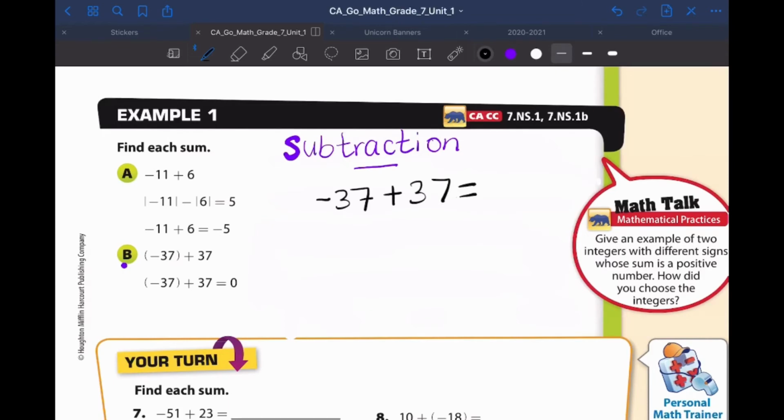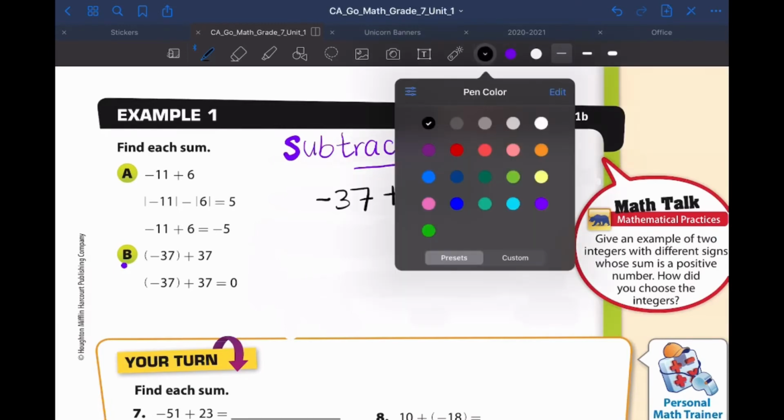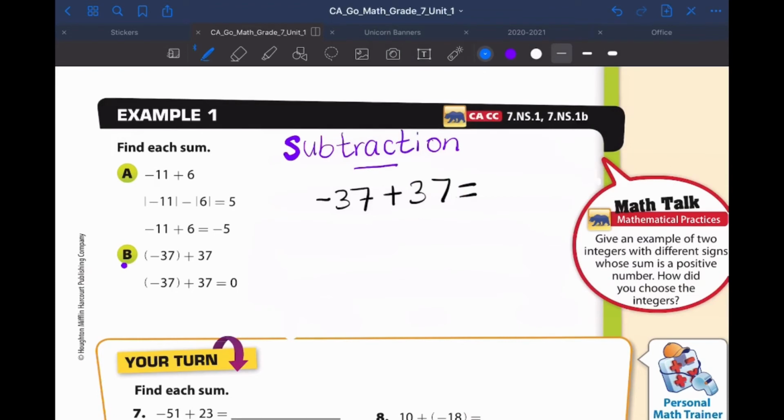With the strategy that we're using right now, the first step is to find the absolute value of both numbers. So I gotta find the absolute value of negative 37, and the absolute value of positive 37. Well, I know the absolute value of 37 is 37, and the absolute value of the positive 37 is also 37. It's just the distance, remember?